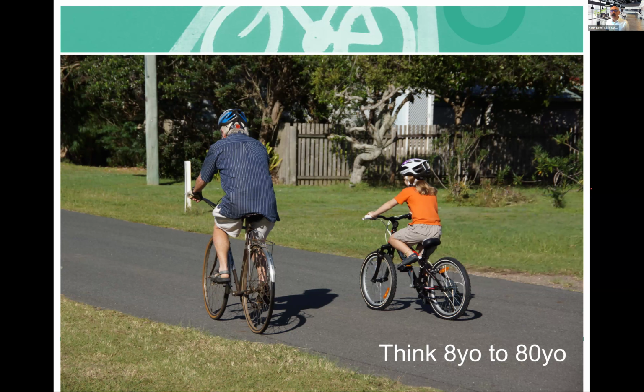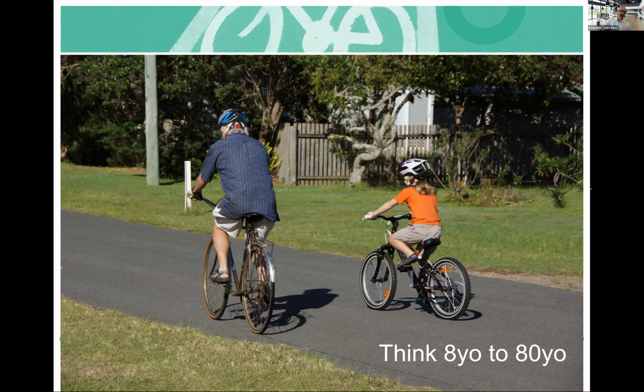I think it's fine for us to talk about cyclists, but it's just something I found interesting to note. One way to think about cyclists is the 8-year-old and the 80-year-old. If we're providing facilities that cater for the 8-year-old and the 80-year-old, we're going to cover off everybody in between.